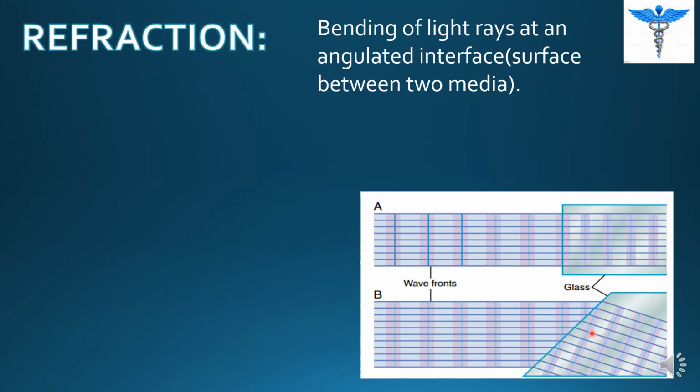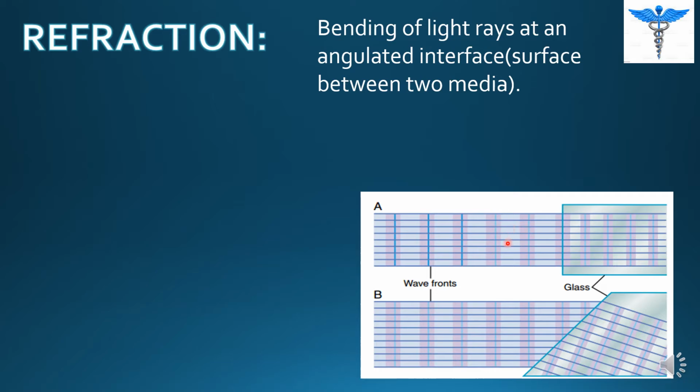Now if there is no angle, or if the wavefront is perpendicular to the incoming light, then the light rays will not bend, rather they will move straight, as you can see here in the first case. Only the wavelength will decrease. Here you can see this is a compression. The wavelength is the distance between two compressions.